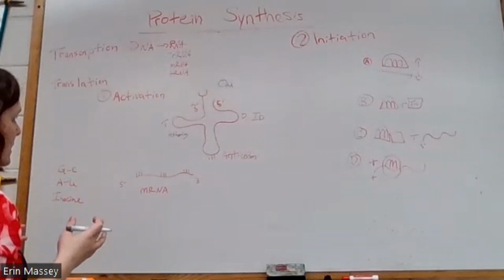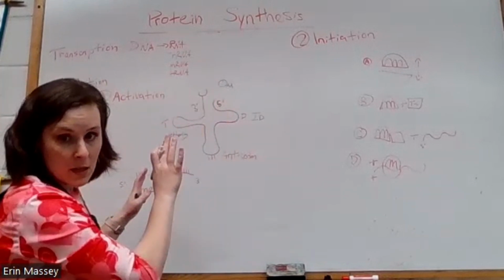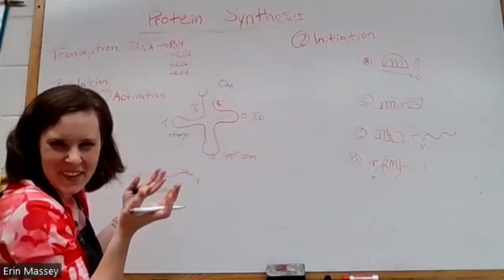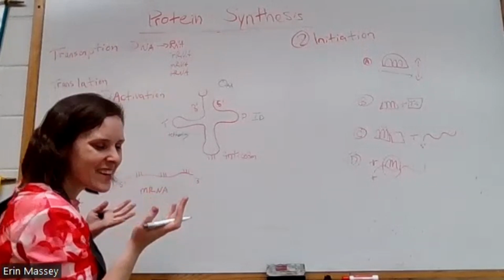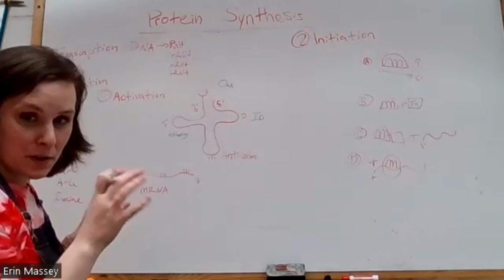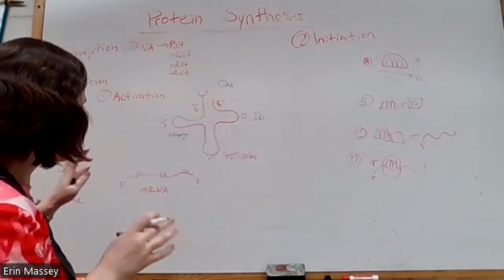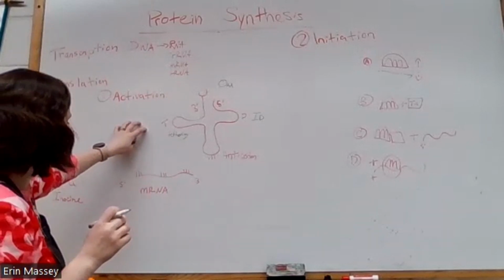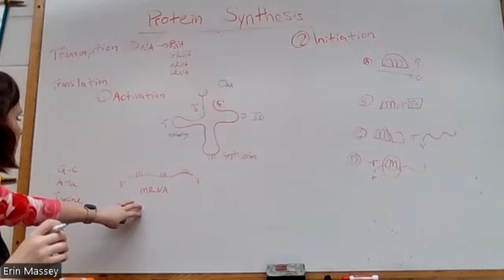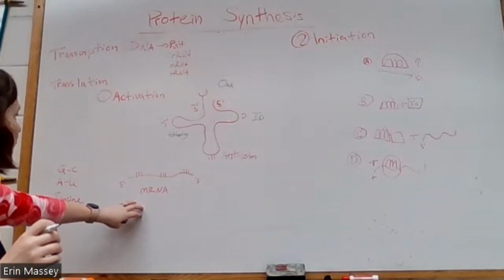So in making proteins, this whole process is happening in the juice of the cell, in the cytoplasm of the cell, actually at the cellular level. So you have tRNA, and there's mRNA.